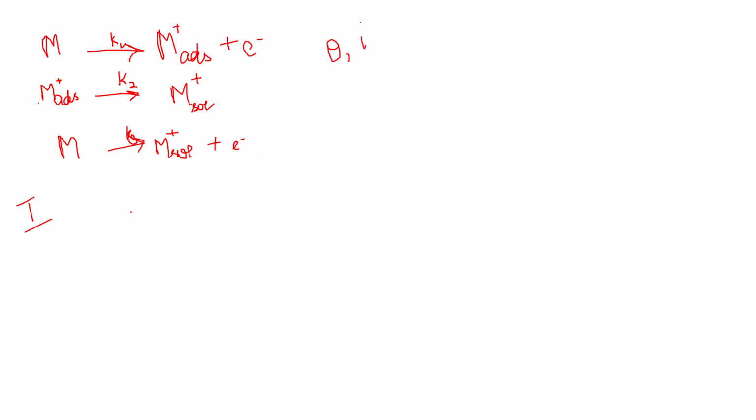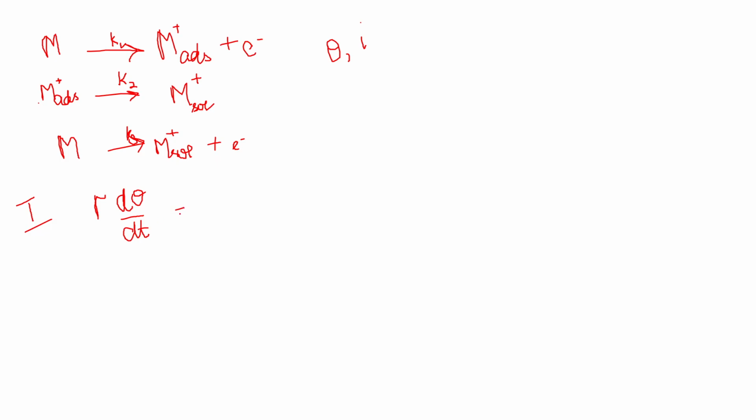These are the two things. For this reaction, if I'm writing the site balance, the total number of sites is gamma, and it's d theta by dt. As we have only one reaction intermediate involved, I can write it directly as theta. If multiple were involved, you would have to write a separate equation for each intermediate.